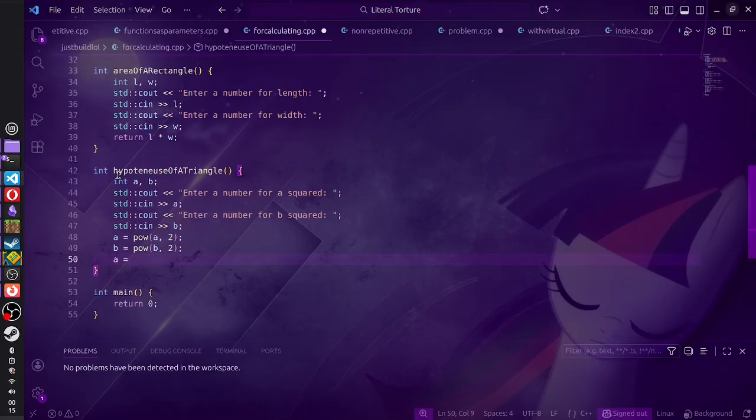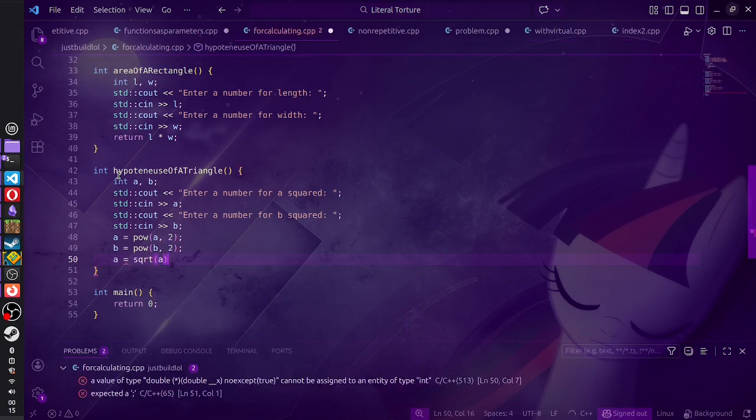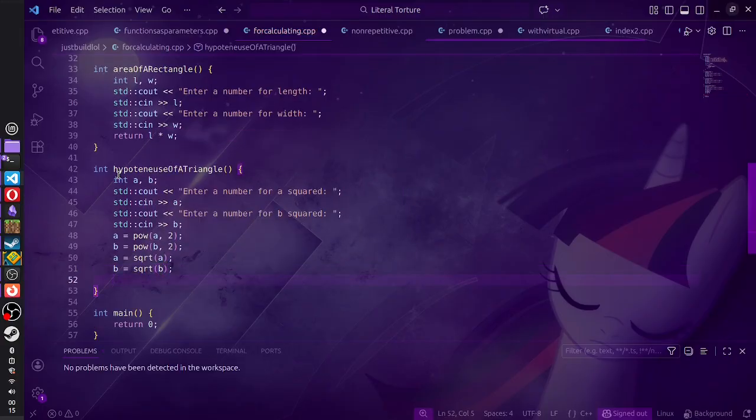A equals whatever. Equals square root of A. B equals square root of B. Return A plus B. And that's C squared.